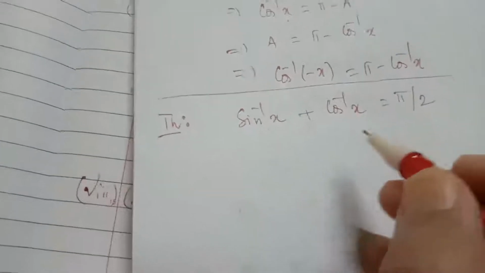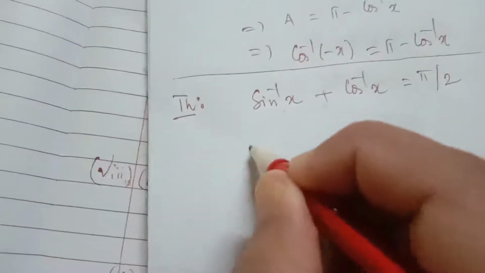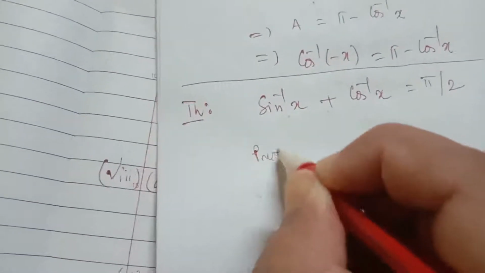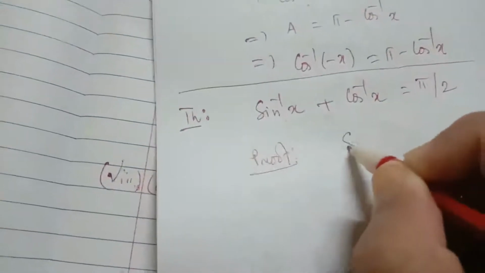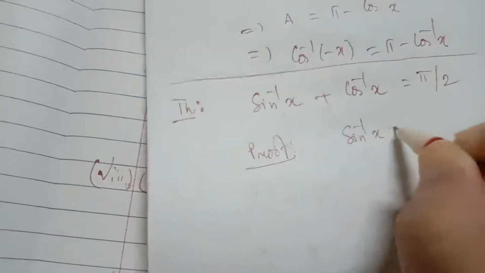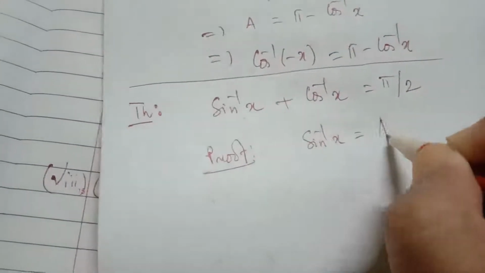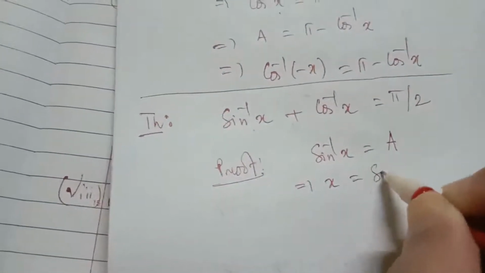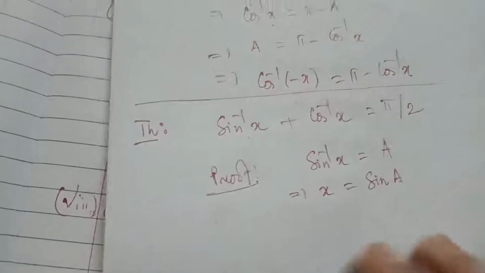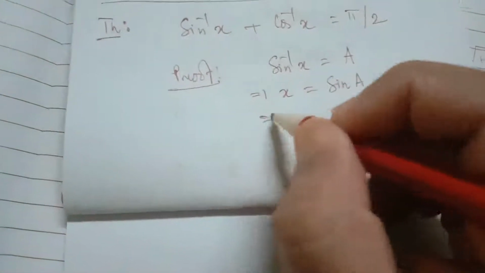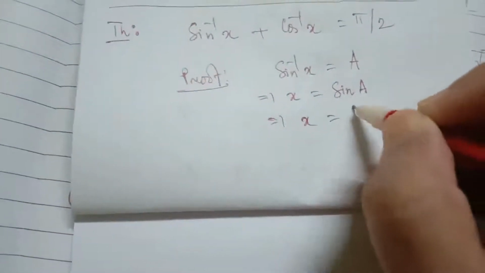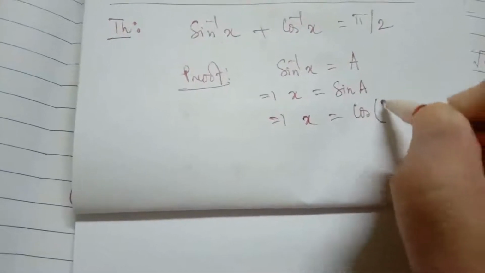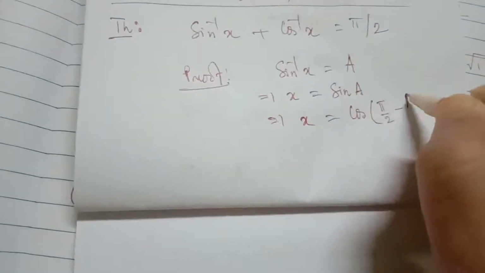Now let us prove sin inverse of x plus cos inverse of x equal to pi by 2. To prove, let us first assume sin inverse of x is equal to, say, a. Then x equal to sine of a.